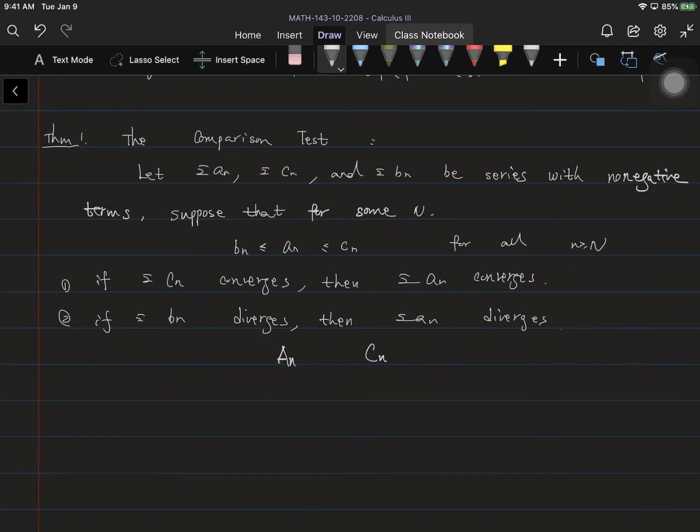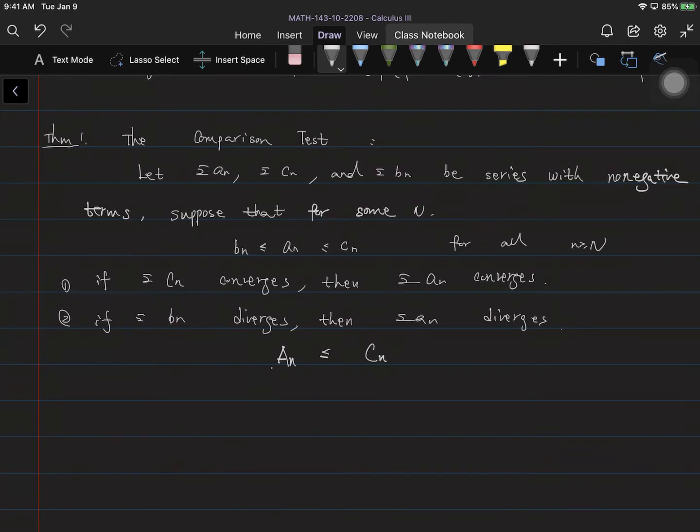And then because all the terms of AN are less than Cn, so definitely the partial sum should be less than the partial sum of Cn. And because Cn converges, so our AN has a finite limit. In this case, AN has to converge. Okay, you can think this way.